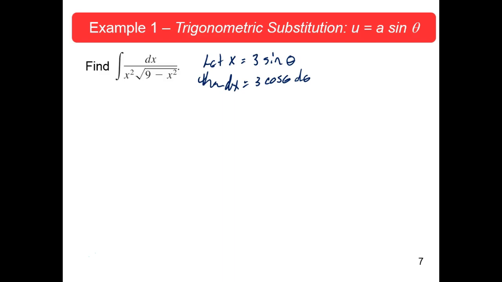It's a dx, so we got that. What's the other x form you have there in the integral? It's not x, but x squared. So if x is equal to 3 sine theta, then x squared is equal to what?